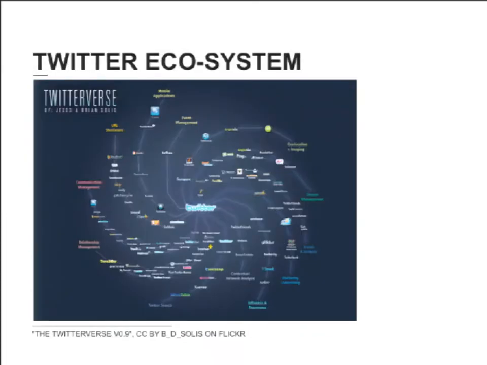So the Twitter universe now is huge. They released some statistics. There are now over 1.5 million registered Twitter apps that use the Twitter API. And, well, I would say that's quite a success.